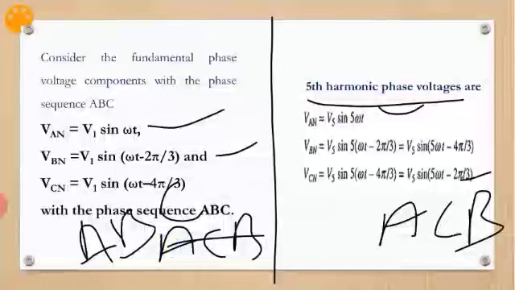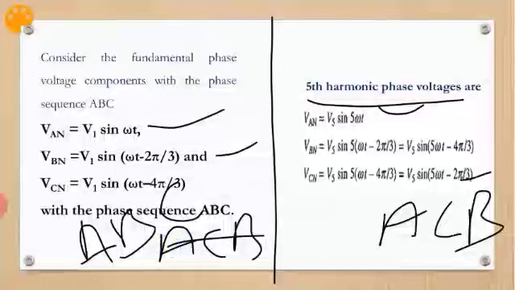It can be shown that harmonic voltages and currents of order m equal to 6k plus 1 are positive sequence, whereas 6k minus 1 are negative sequence. Similarly, harmonics of order m equal to 3k are zero sequence.